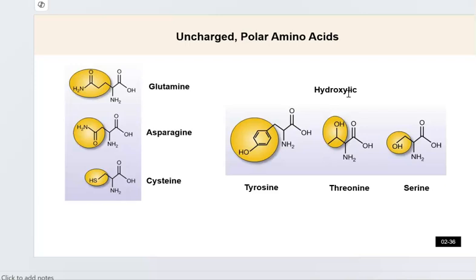So, we talked about how kinases are enzymes that can transfer a phosphate group from a molecule, usually like ATP, to an acceptor. When the acceptor is a protein, phosphorylation usually takes place on hydroxyl groups of serine, threonine, and sometimes tyrosine. So the hydrogen of the hydroxyl is displaced by the phosphate group in that reaction.